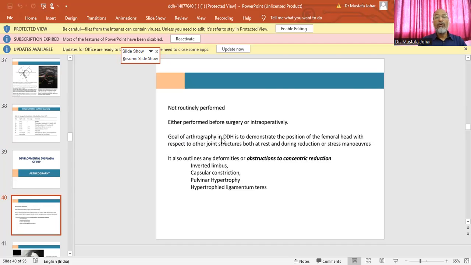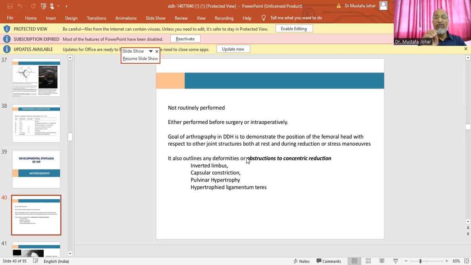The goal of the arthrography in DDH is to demonstrate the position of the femoral head with respect to the joint structure both at rest and during the stress maneuvers. It also outlines any deformities or obstruction to the concentric reduction.